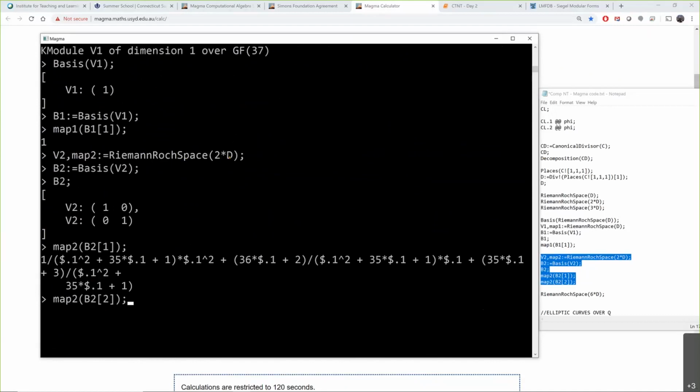So now I'm allowing poles up to order 2 at that point. And now it's a 2-dimensional vector space. And thanks to my map 2, now I can find functions on my function field, and this new function has a pole of order 2 at that one point.